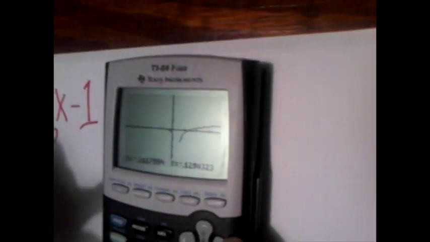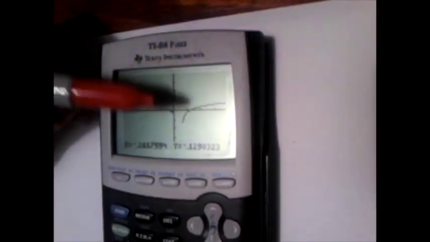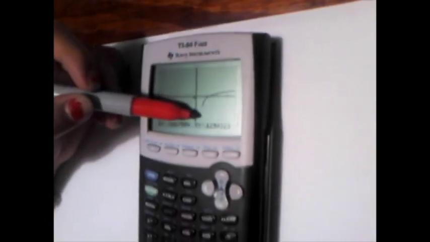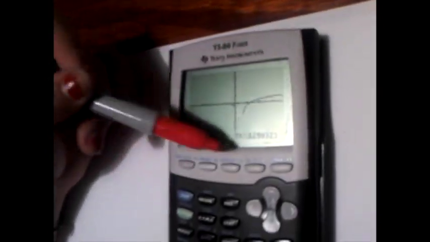Now this calculator, which is a TI-84, is very misleading. This line right here doesn't mean it ends. Just because it stopped right there on the calculator doesn't mean it ends. It actually keeps going. So take that into account. It's going to end up looking like an infinity. So this is basically what we're working with.